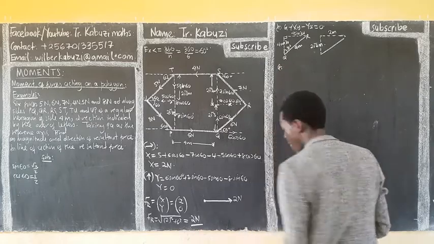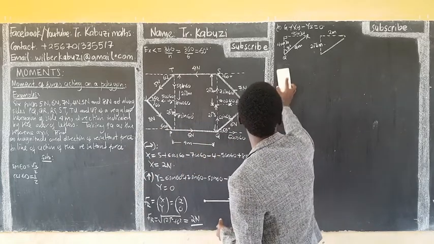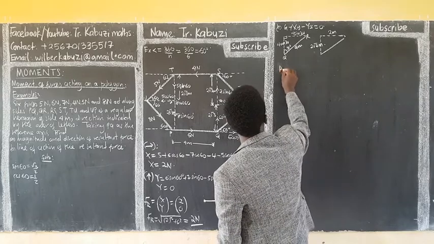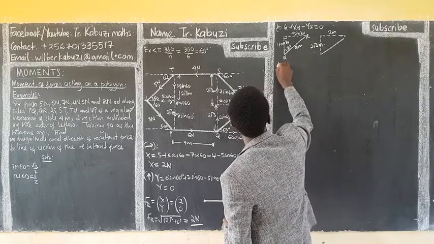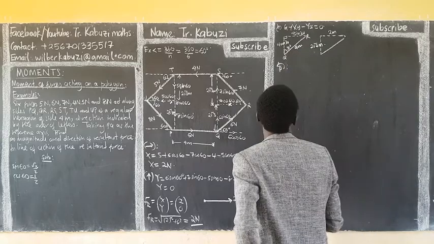So let us take moments about P. Remember, we take them anticlockwise because this formula was derived using the anticlockwise direction.